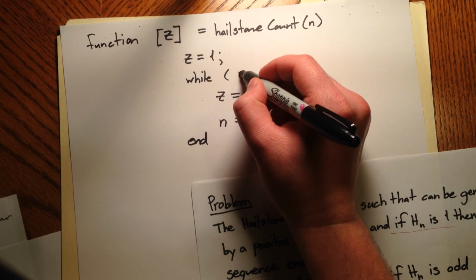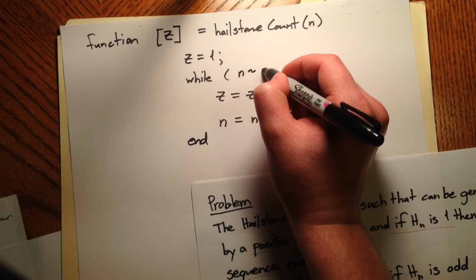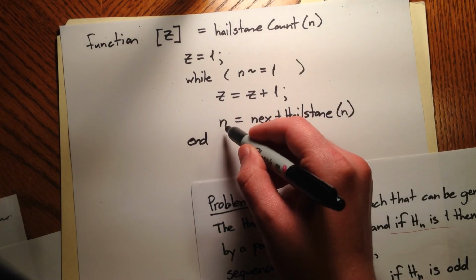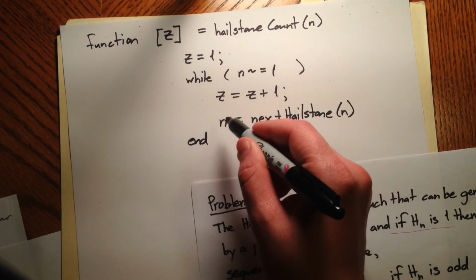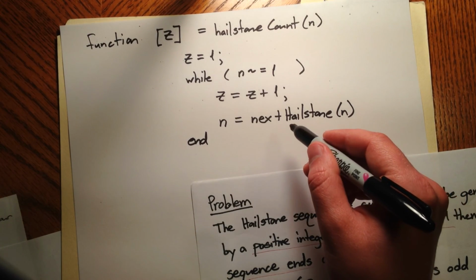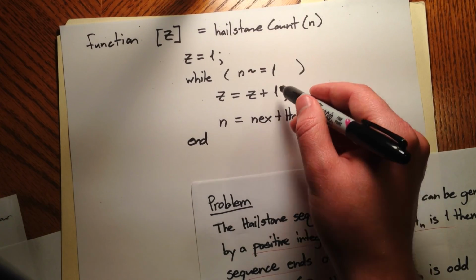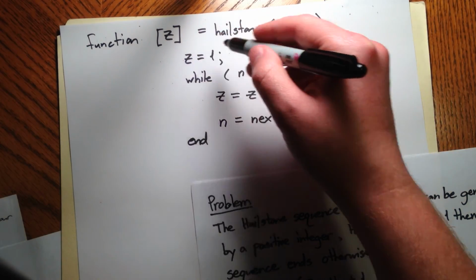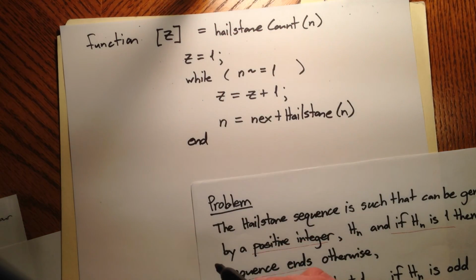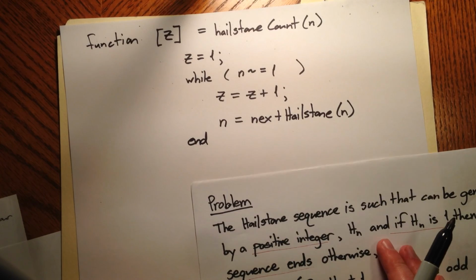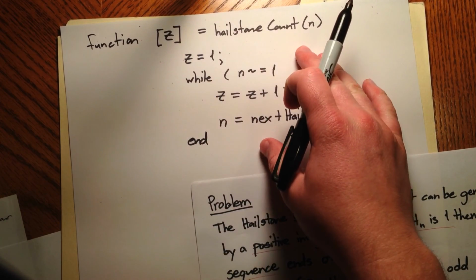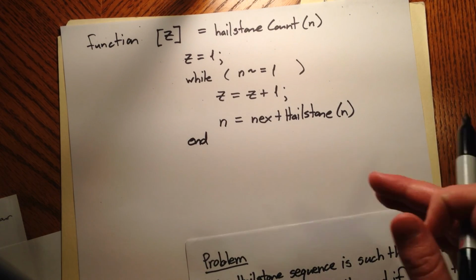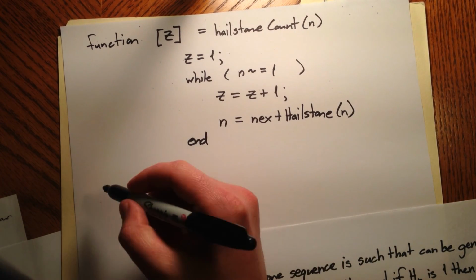So long as n is not equal to 1, this should keep calculating the next hailstone number. For each one, it's going to add 1, and in the end it gives out the length of its hailstone sequence. If you don't believe me, you can do every single iteration and take a look, and it's going to work.